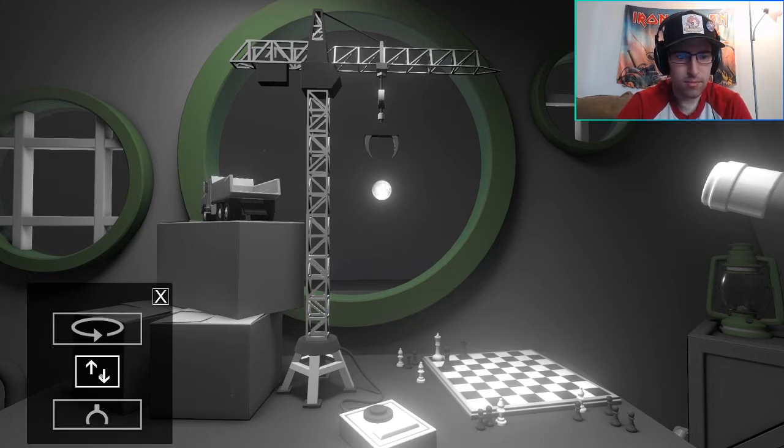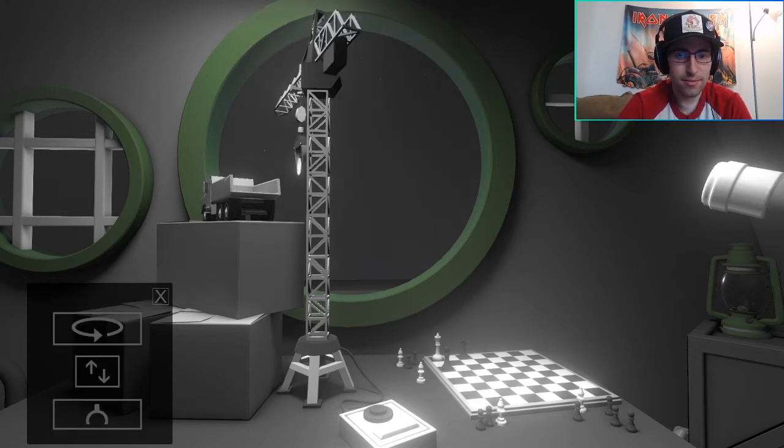That's not it. Am I literally grabbing the moon? Nope. Try that again. That's kind of neat. I like that.